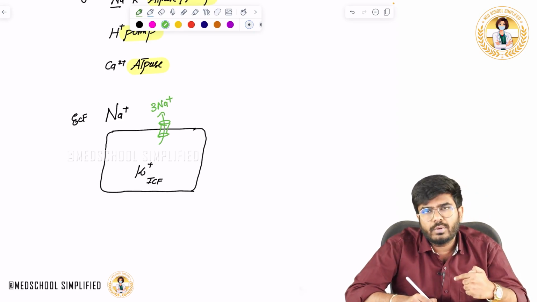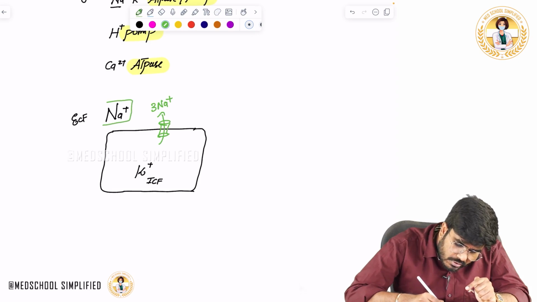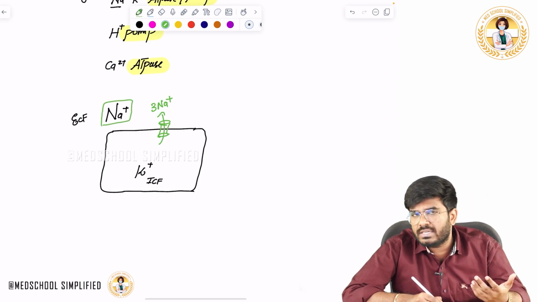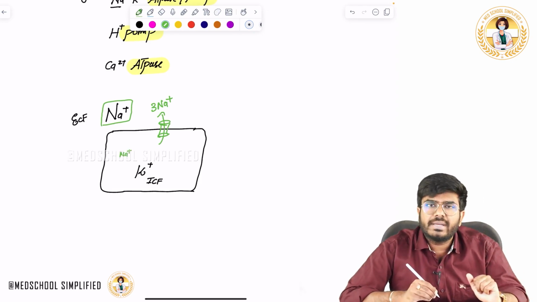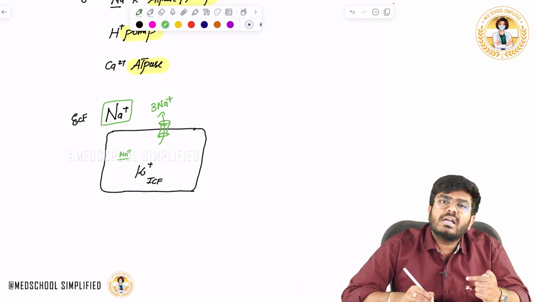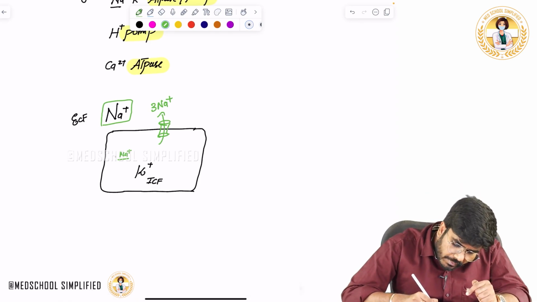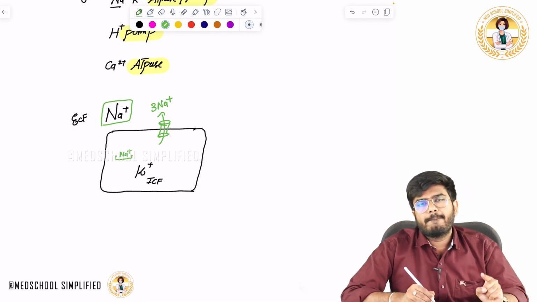Already outside the cell there is more sodium, and inside the cell there is less sodium compared to outside. So the substance is moving against the concentration gradient, from low concentration to high concentration.